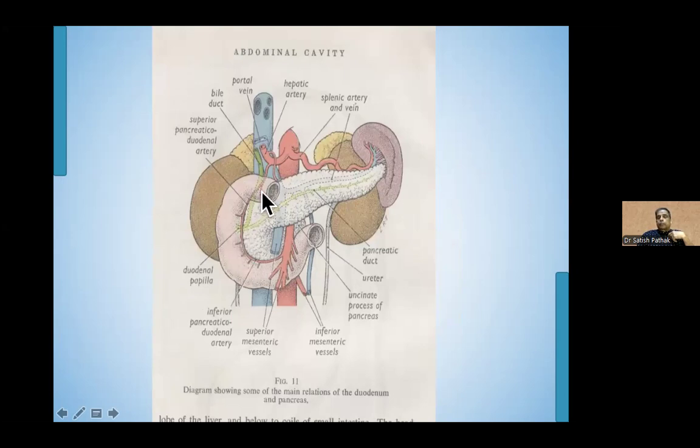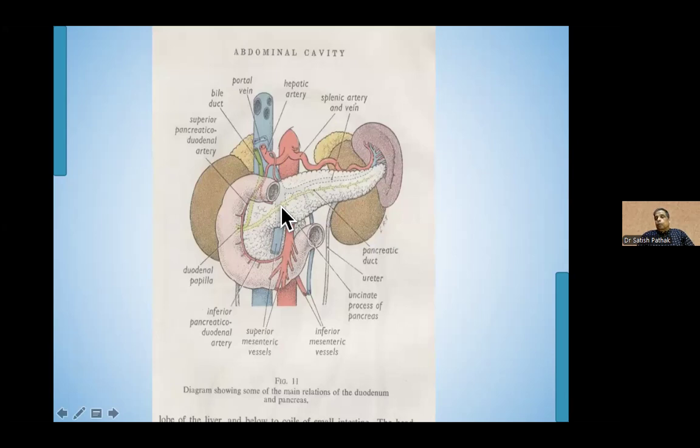Suppose this opening gets blocked because of debris or food particles in the duodenum. What will happen? These pancreatic juices may not be able to come into the duodenum. The bile may not be able to come into the duodenum, and there will be stasis. And when there is stasis, waterlogging, what will happen?